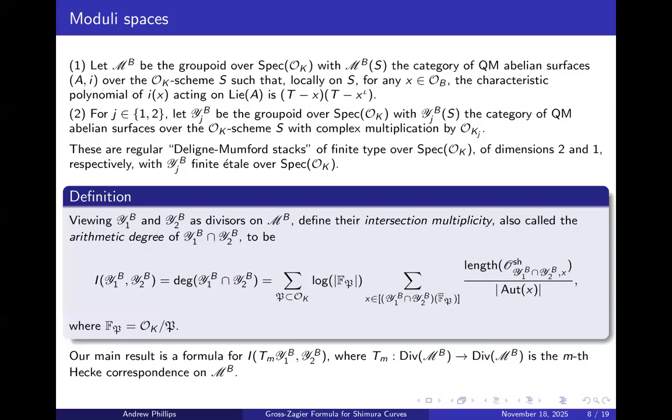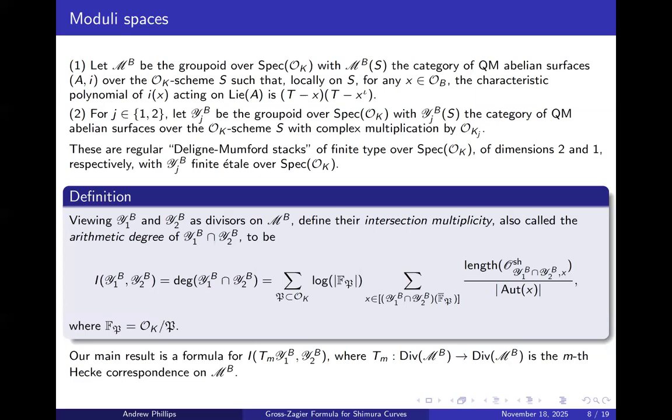It's a groupoid, also called a category fibered in groupoids, which really just means, think of it as a category over Spec OK, where the fiber, meaning MB of S over a specific scheme S, is going to be the category of all QM abelian surfaces over some OK scheme S. And then again, there's some normalization condition here, where we're going to assume that, at least locally on S, the characteristic polynomial of this i of X acting on the Lie algebra is the reduced characteristic polynomial of the element X.